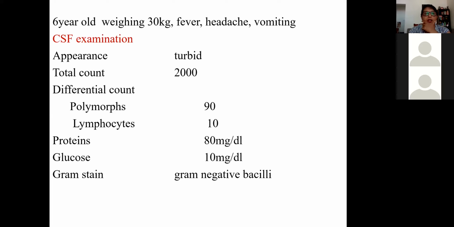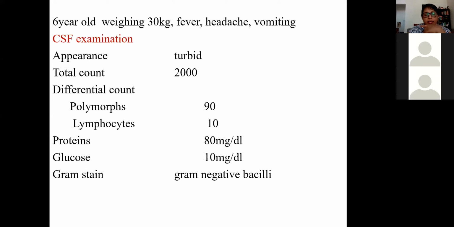No, ma'am. So it is turbid. Total count, is it normal? How many cells did I say there will be in normal CSF? Less than 8 or less than 5? Okay, up to 5.